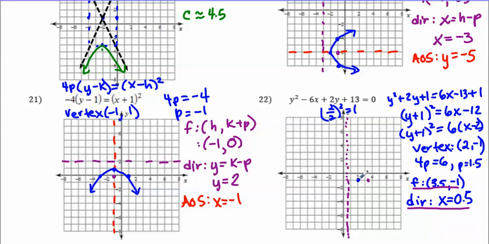To find 2 more points that are on my parabola, I need to take my p-value and double it. That would be 3. And from the focus, I'm going to go up 3, and I'm going to go down 3. And now these 2 points are 3 away from the focus, and they are 3 away from the directrix. And so they're on my parabola.